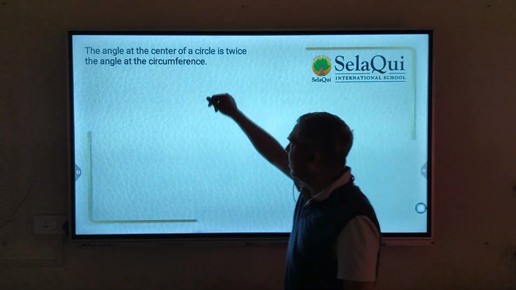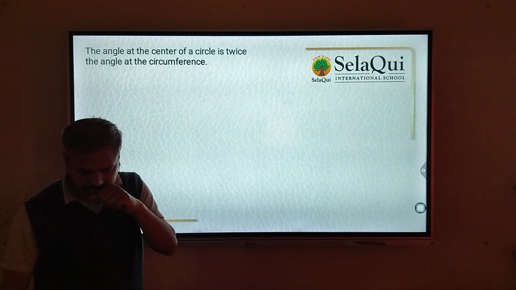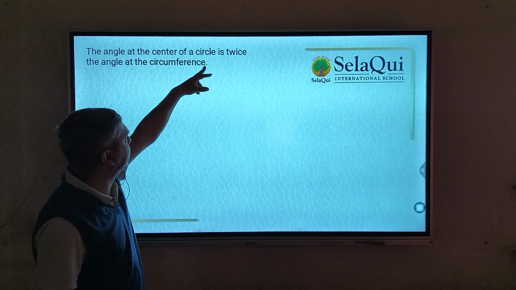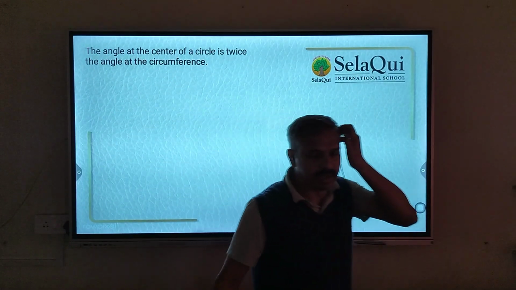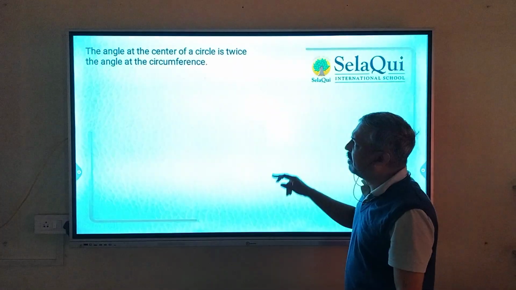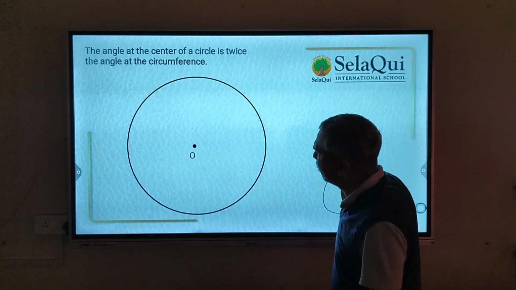The angle at the center of a circle is twice the angle at the circumference. Again, this is very easy to understand. Let's see this center.